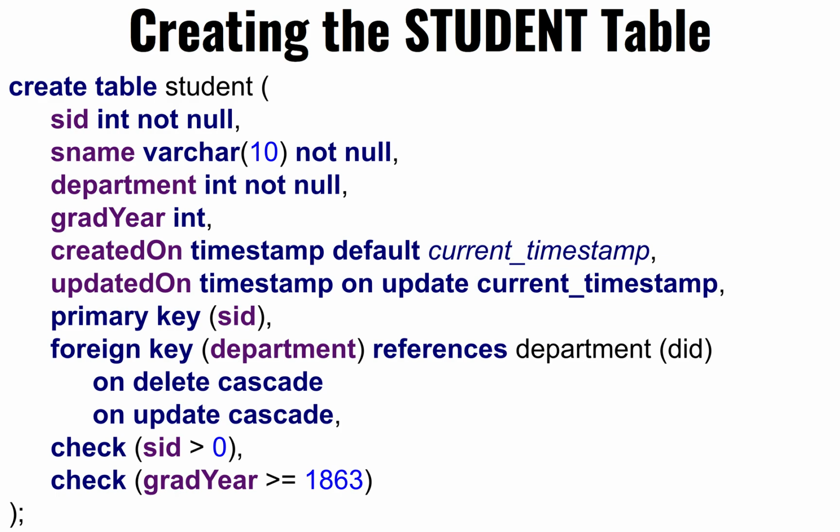Updated on has an on update constraint, meaning whenever this record is updated, I want to update the value of this field to be the current timestamp. So I'll always keep track of when was the last time this record was modified. It won't keep a history, right? It'll only keep a record of when it was last modified.